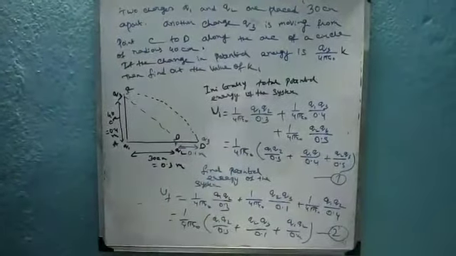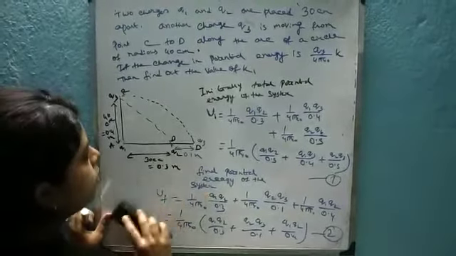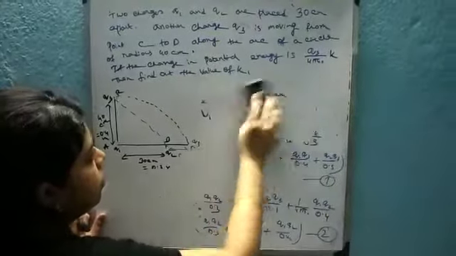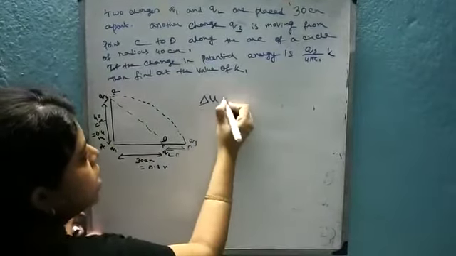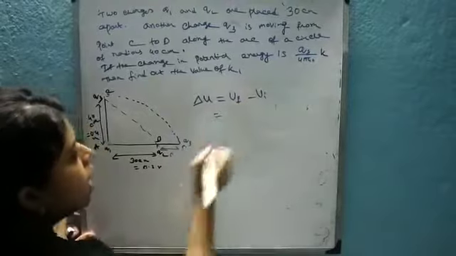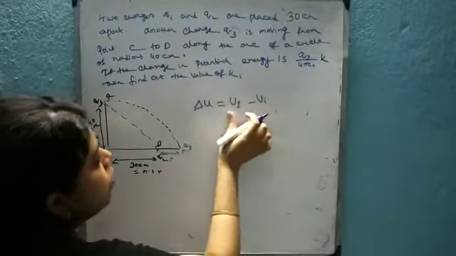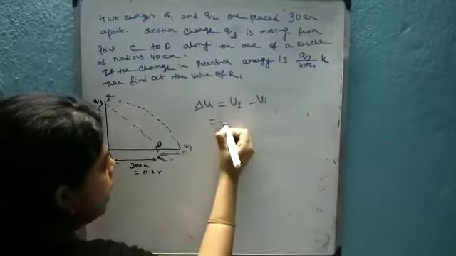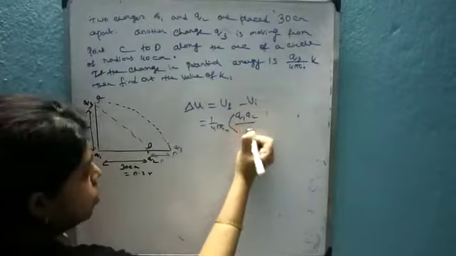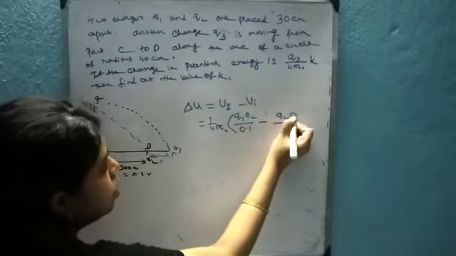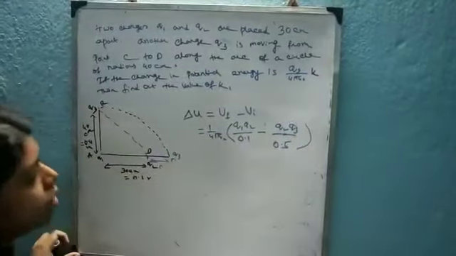So we can easily find out the change in potential energy, which is UF minus UI. If I subtract equation 1 from equation 2, then we can get 1 by 4 pi epsilon 0 times Q2 Q3 by 0.1 minus Q2 Q3 by 0.5.